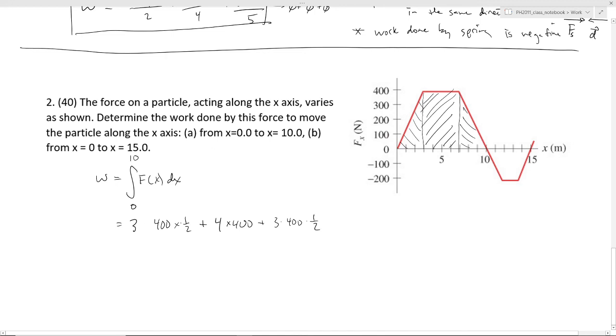And what would this look like? So this would be basically 7 times 400. This would be 2,800 joules. So that would be the work from 0 to 10.